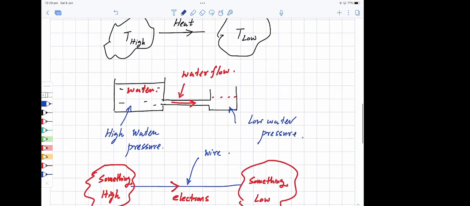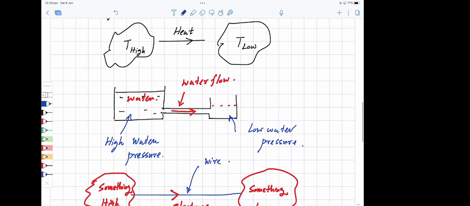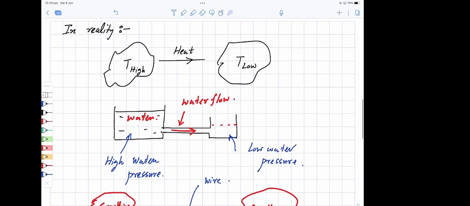Like in the first example, temperature high, temperature low, heat is flowing from high temperature to low temperature. When you have high temperature here, you have high energy here, and here you have low energy. So from high energy to low energy, heat is flowing.